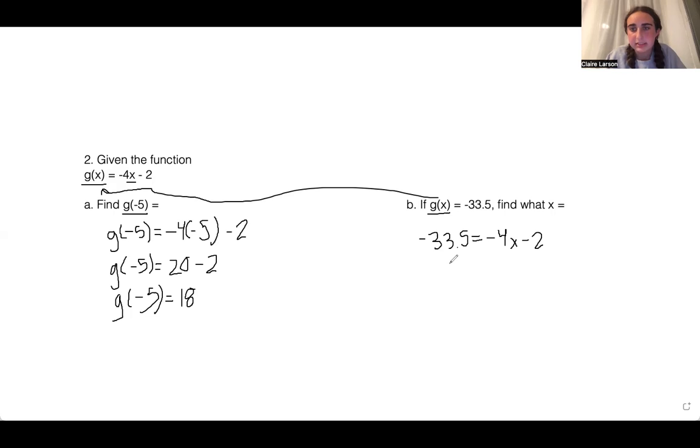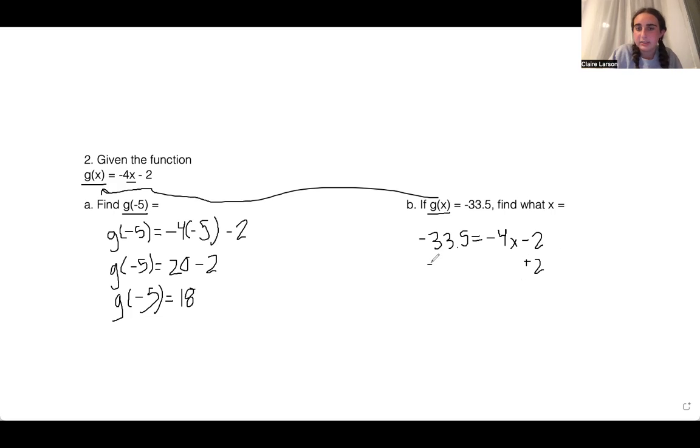So first of all, let's look for some like terms. Do we see any? I don't see any. So now what we're going to do is isolate x. And there are no other x's on this side. So we're good on that end. But now we have to get rid of this 2 so that we can isolate this. And let's do that by adding 2 to both sides, because that makes this equal 0, therefore canceling it out.